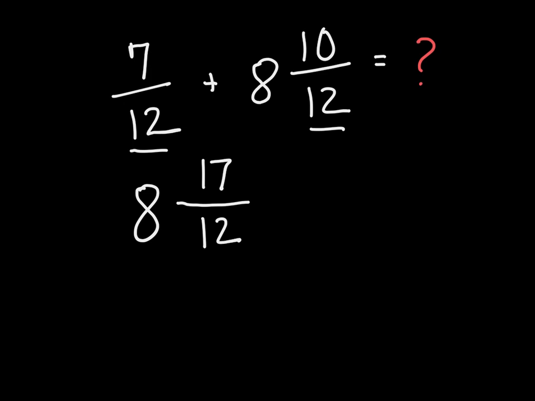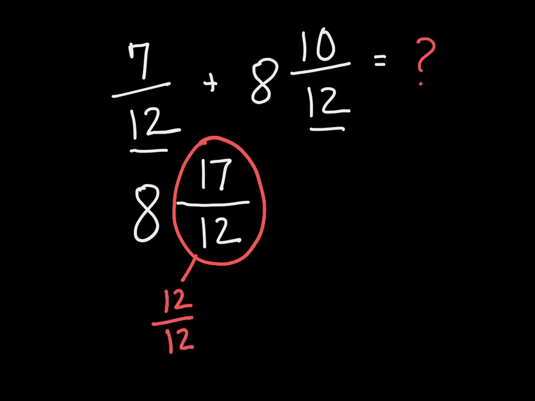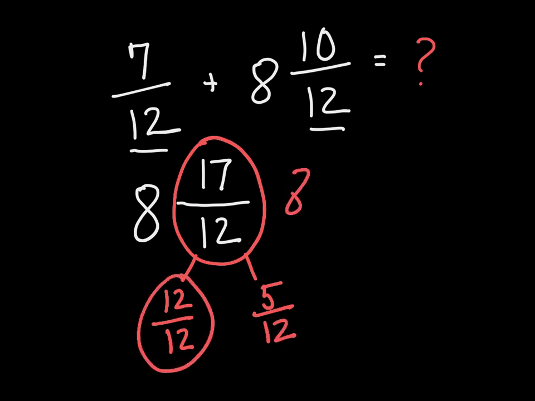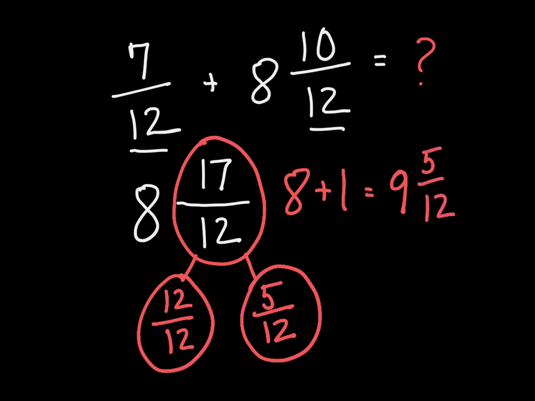So let's pull out the whole. The whole is 12/12. And what's left is 5/12. So now we need to take this whole and add it to our original whole, which is 8, and then add on your extra leftover fraction. So it's 9 5/12.